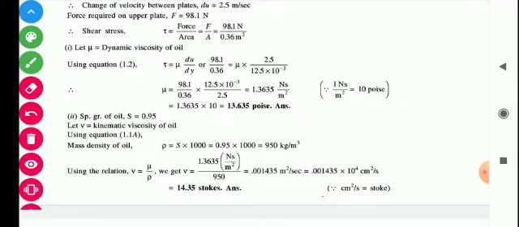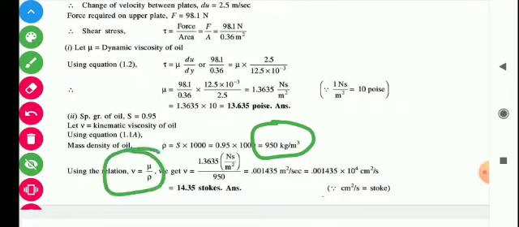So from specific gravity, we have calculated the density, that is 950 kg per meter cube. If we divide dynamic viscosity by its density, we will be able to calculate the kinematic viscosity, and its value is 14.35 Stokes.